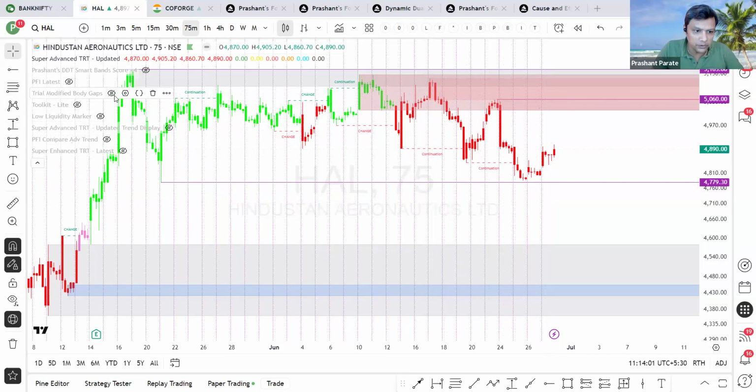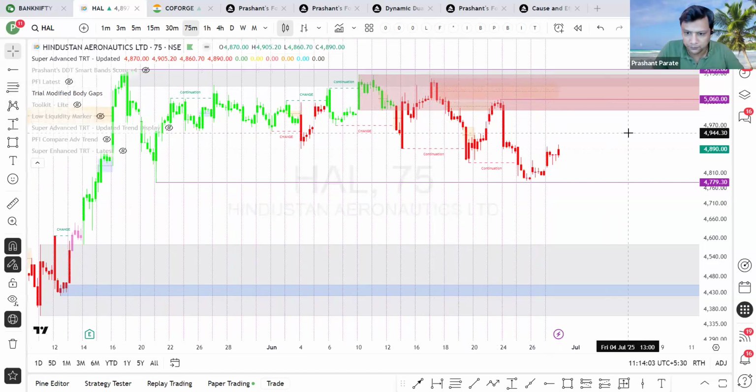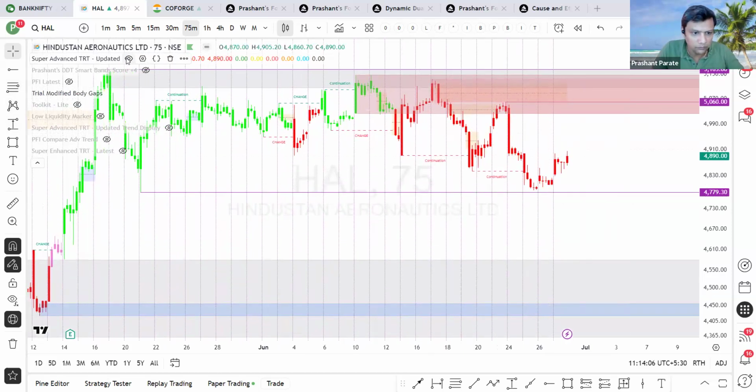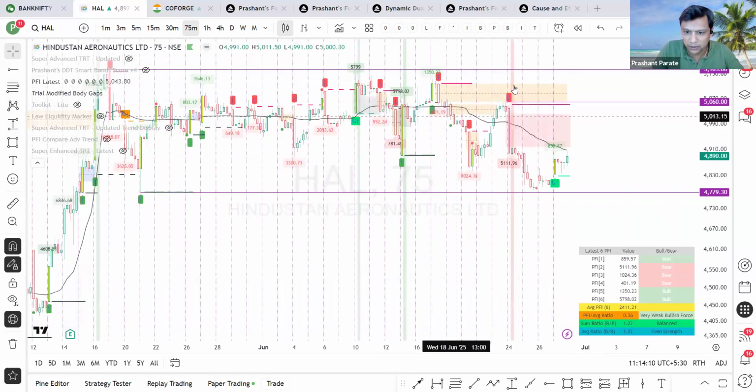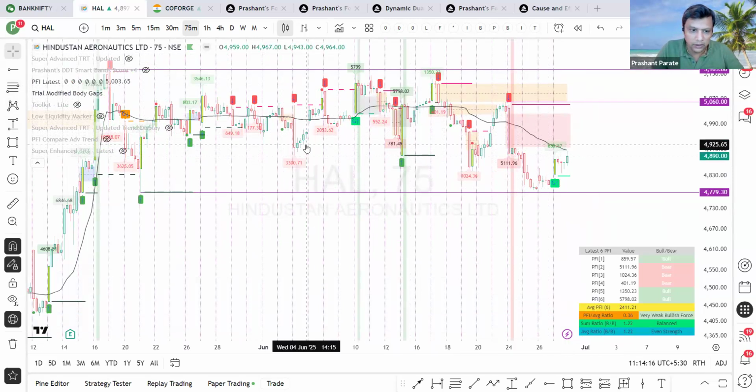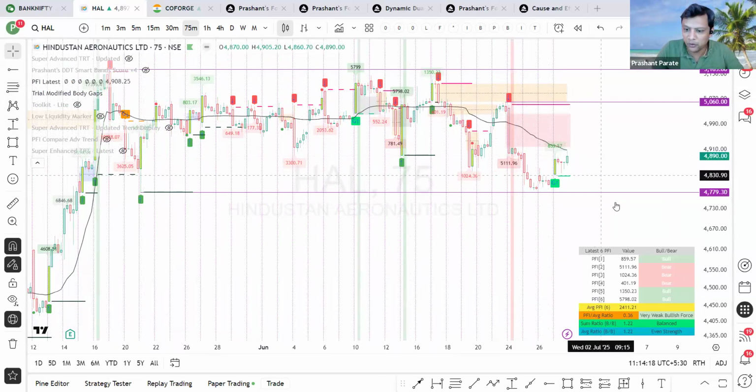If you check, a white candle PFI is present there, and it may go up to this and fall down again. It is possible that next time if it falls, it may fall down very rapidly also.